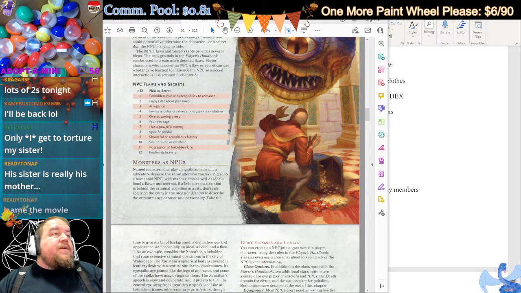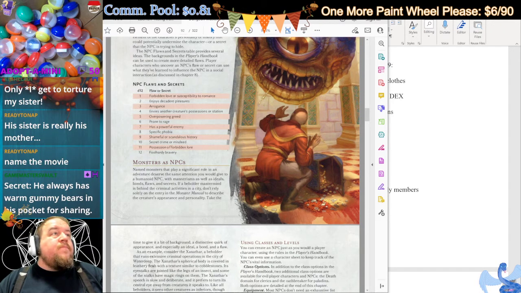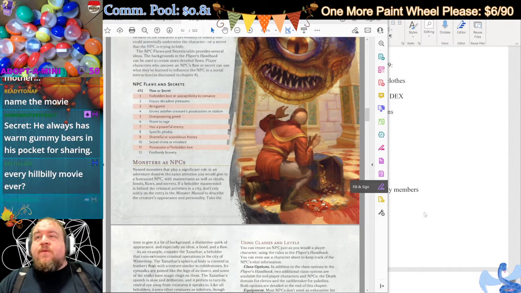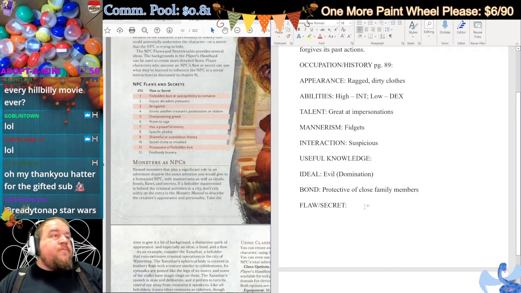Let's see. Orchid Twilight, are you out there still? Pluto!